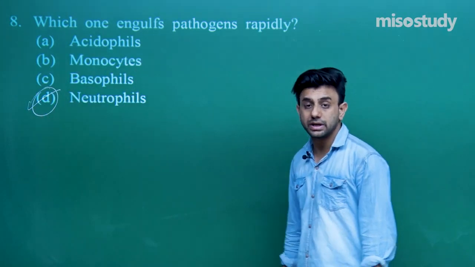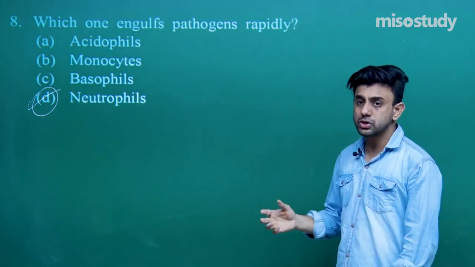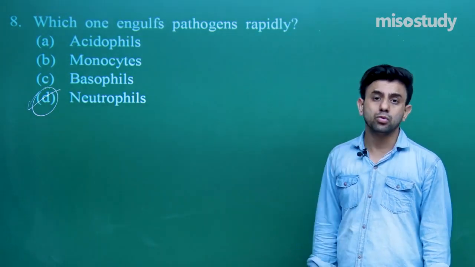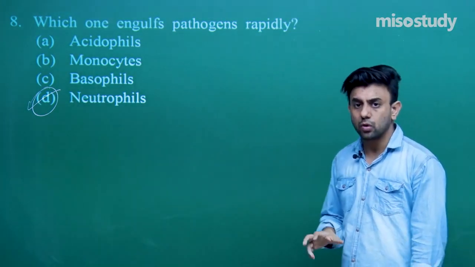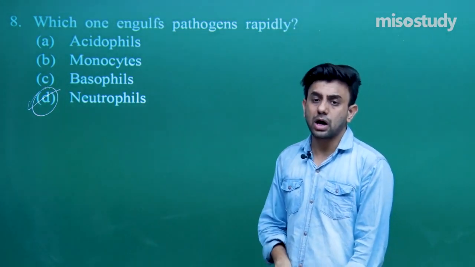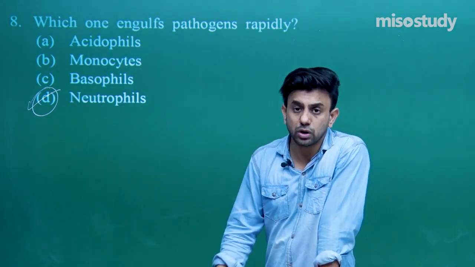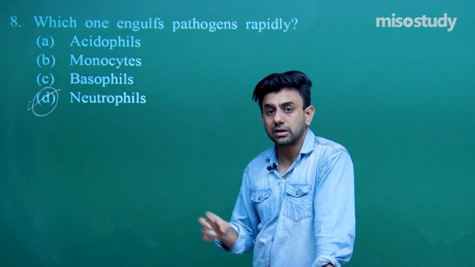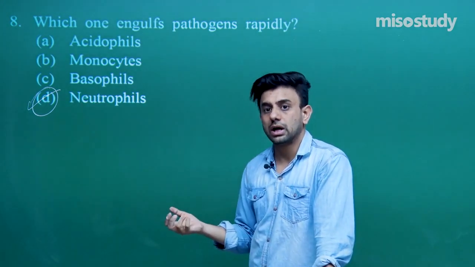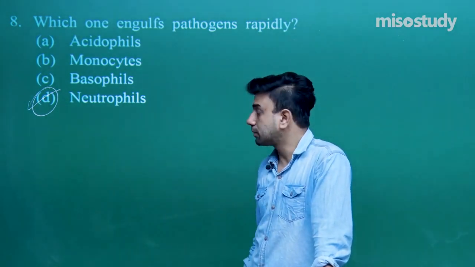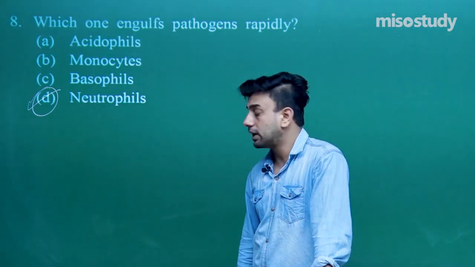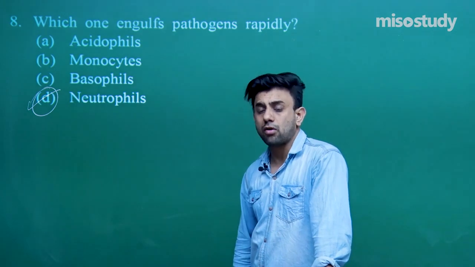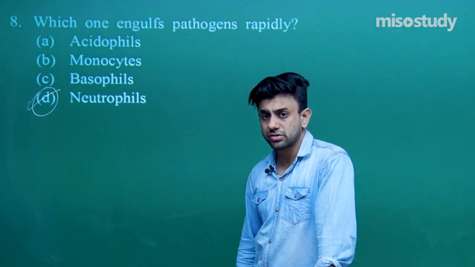Neutrophils are the acute mediators of inflammation. That is, immediately when they see an infection, they quickly move out of the blood vessel, maybe through an injury or a leak in the blood vessel or capillary. They then destroy the foreign pathogen by means of phagocytosis.